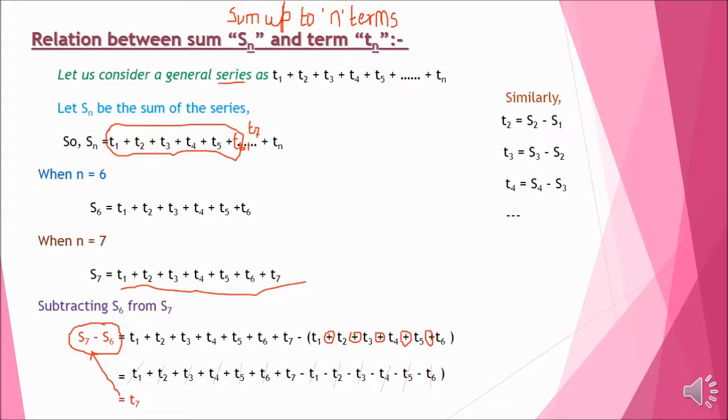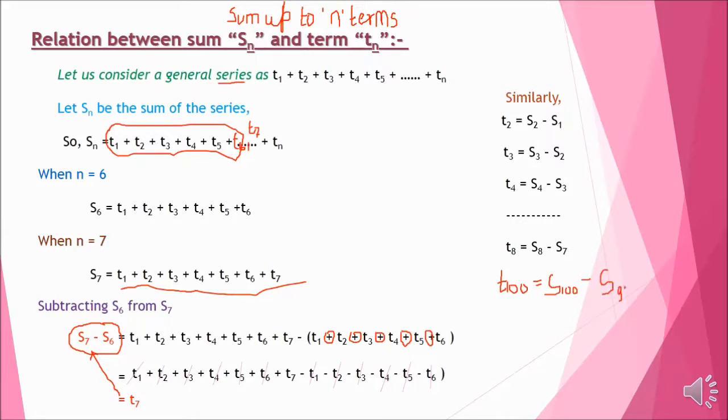If somebody asks you T100, you can easily say it will be S100, the sum of 100 terms, minus the sum up to 99 terms. If we subtract the sum up to 99 terms from the sum up to 100 terms, we get the 100th term.